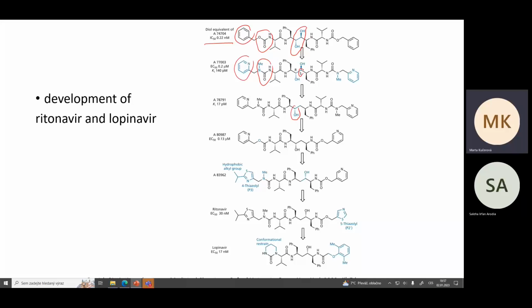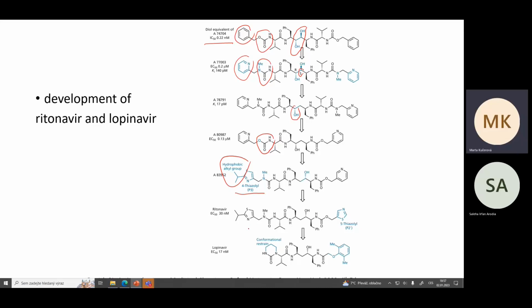And further optimization, putting back the carbamates, produced a compound that did not have a long enough half time, and they optimized further with thiazole and a hydrophobic alkyl group that proved to be essential for the interaction with the target protease.